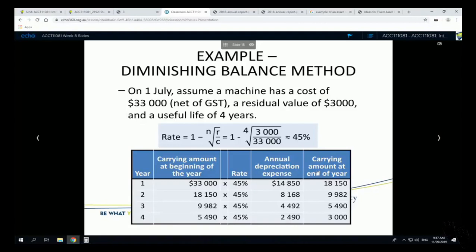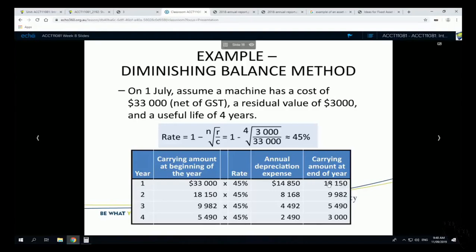Now, to get our ending balance or our written down book value or our reduced balance at the end of the year, we take the depreciation away from the original cost net of GST. So the 33,000 less the depreciation for year one gives us what we call the written down book value or a carrying amount at the end of the year. That's the value that we are carrying this asset, this machine, at on our books at the end of the period.